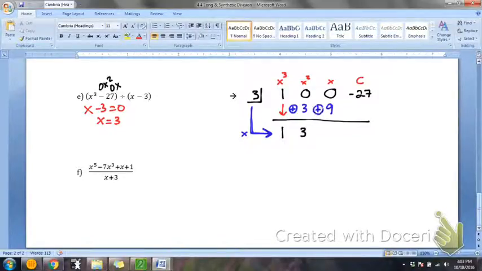Add those together. Go back to your pocket. 3 times 9. 27. Add those together. Will it be a remainder? Nope, it will not. And letter F will show us what to do when that happens, okay?